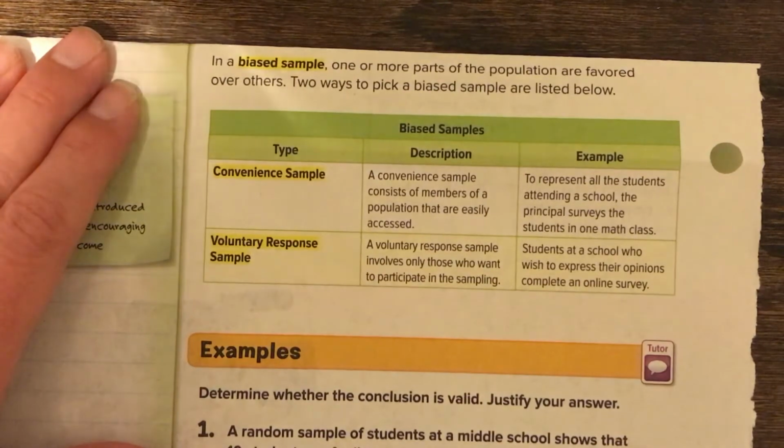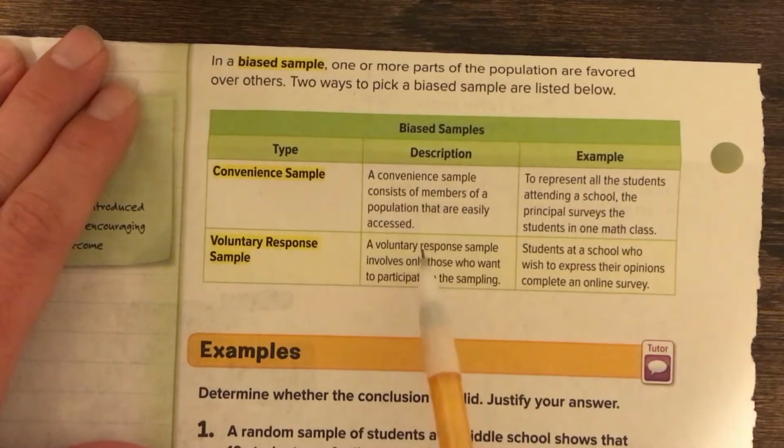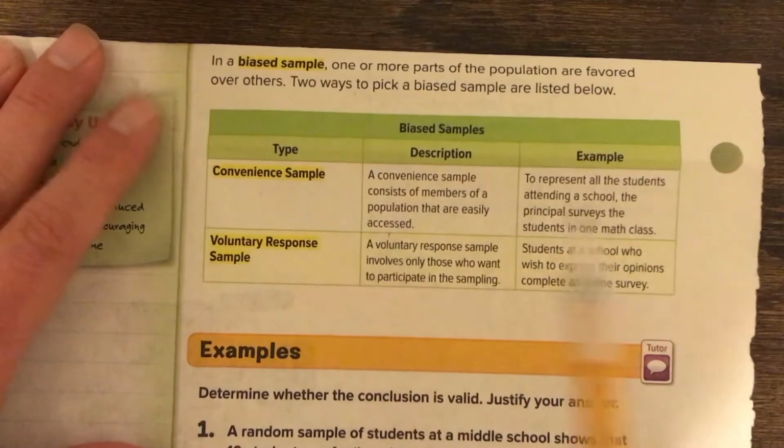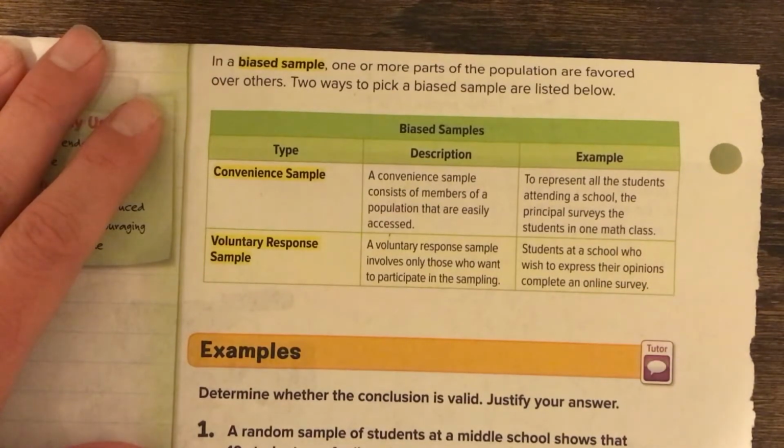If you've ever heard of something being convenient, it's easy, it's right there for you. A convenience sample consists of members of a population that are easily accessed. Their example is that to represent all the students attending a school, the principal surveys the students in one math class.